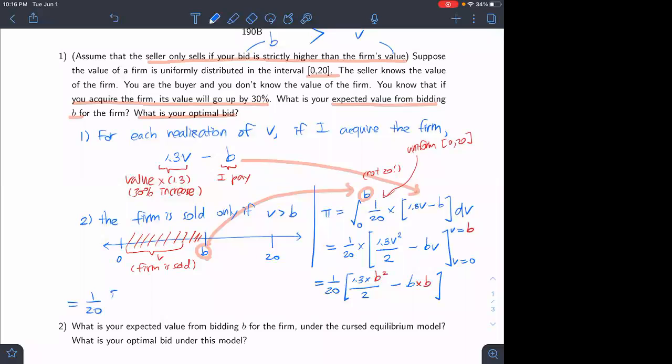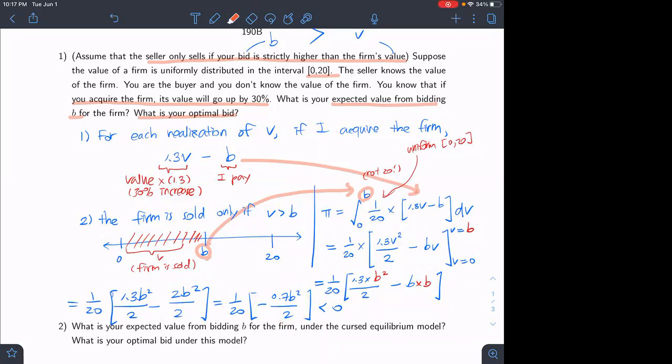Then, continuing, we have 1.3B squared divided by 2 minus 2B squared over 20. This is minus 0.7B squared over 2, which is less than 0. So the term inside here is a negative thing. This is positive, so combined it should be a negative term.